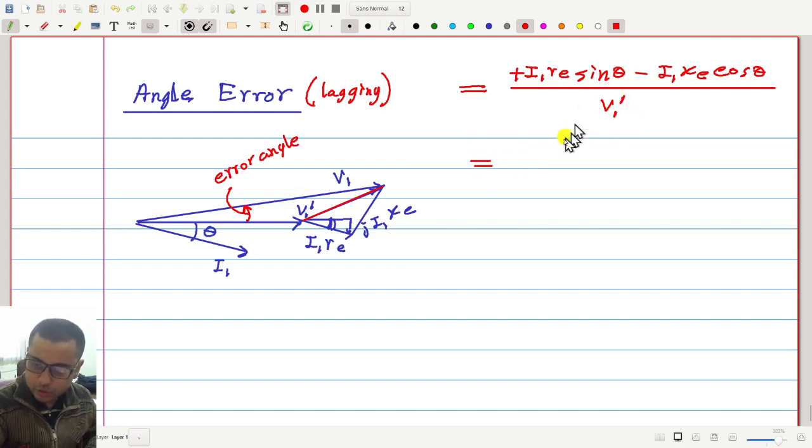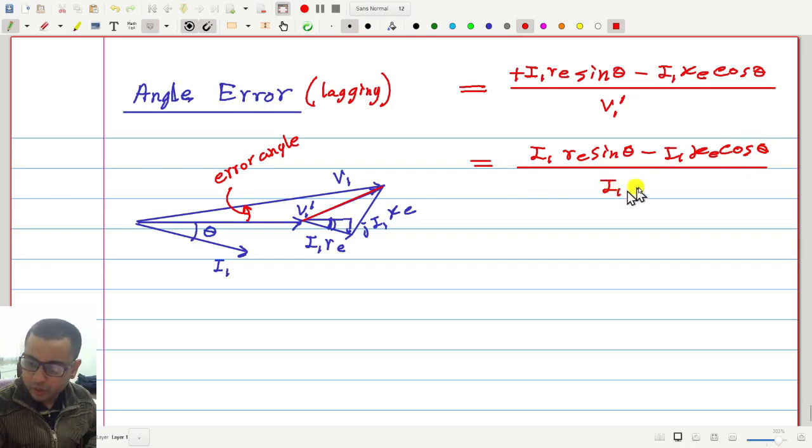Am I correct? Please check. Then here you can put I1 a square Zm, so I1 goes away. This is the expression. Now here also you see, what is this theta? Theta is the angle of Zm.